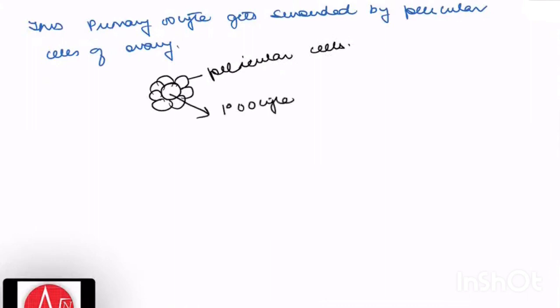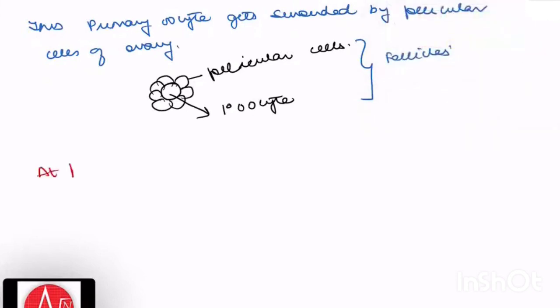So if this is your primary oocyte, this will get surrounded by follicular cells, and this structure is called as a follicle. So इसका मतलब ovary में बहुत सारे follicles होते हैं. So ovary is a reservoir of many such follicles, right? And ये ऐसे ही रहेगा, ये follicles ऐसे ही रहेंगे till puberty.